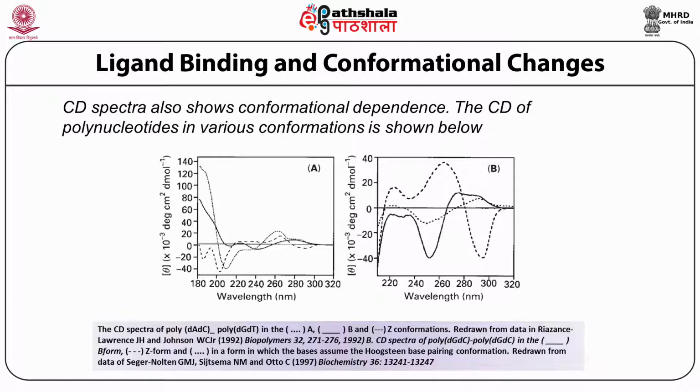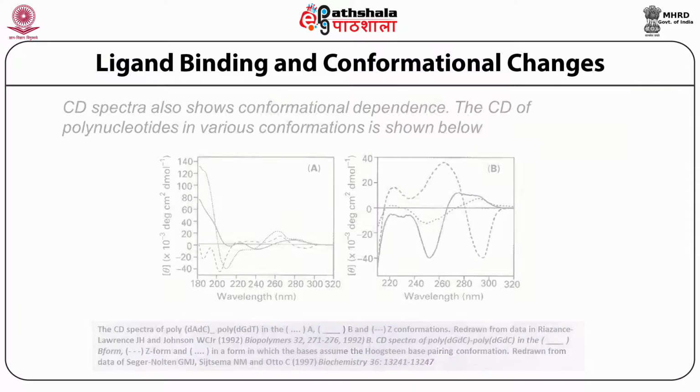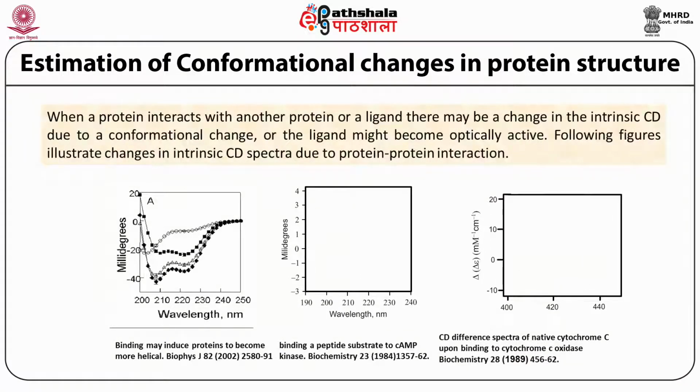So you can see here the raw data from the biopolymer CD spectra, and the different types of DNA have different types of CD spectra, and a change in the structure and conformation gives a change in the CD spectra. So any observed change in the CD spectra is used to estimate the conformational changes associated with the DNA molecule. We discussed the estimation of conformational changes in protein.